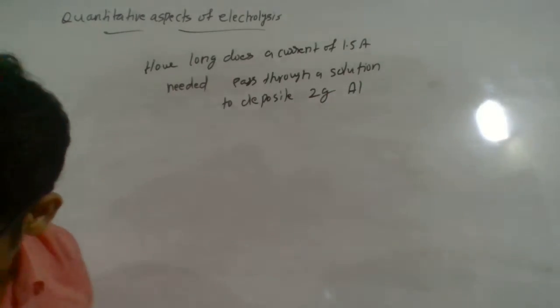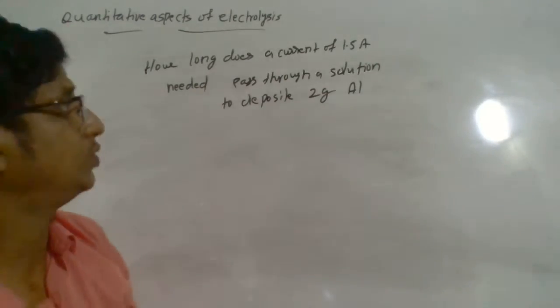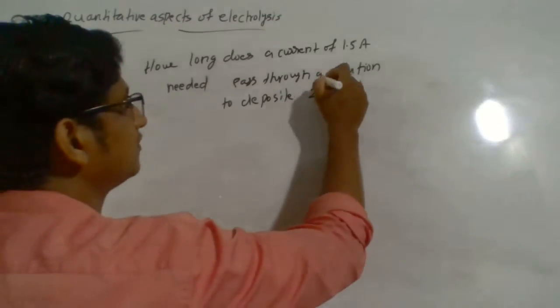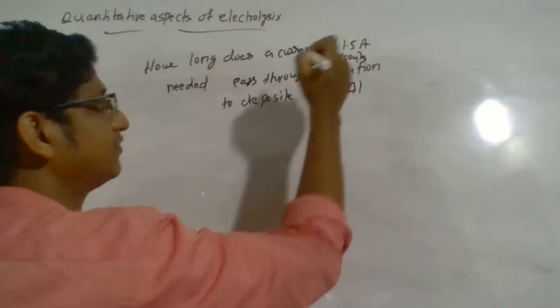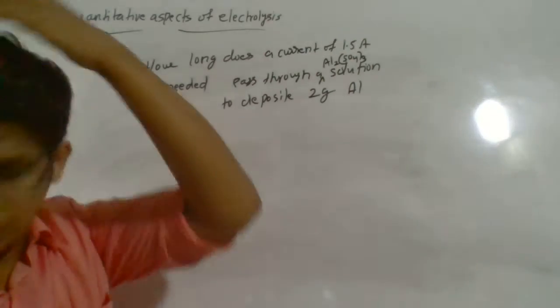The solution is aluminium sulfate, Al2(SO4)3, to deposit 2 gram of aluminium.